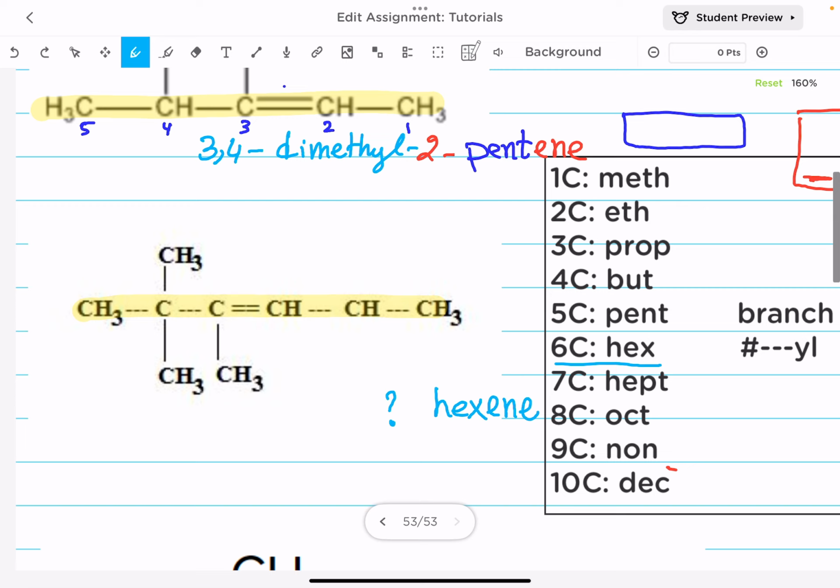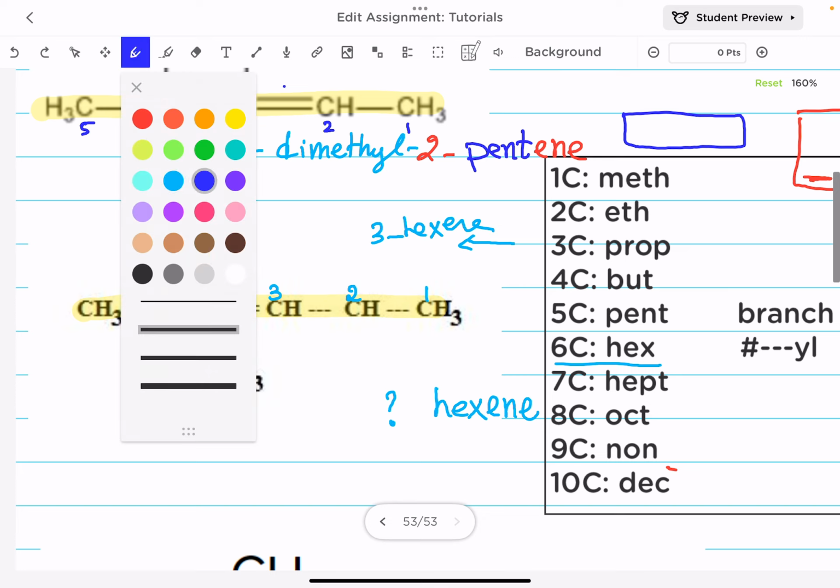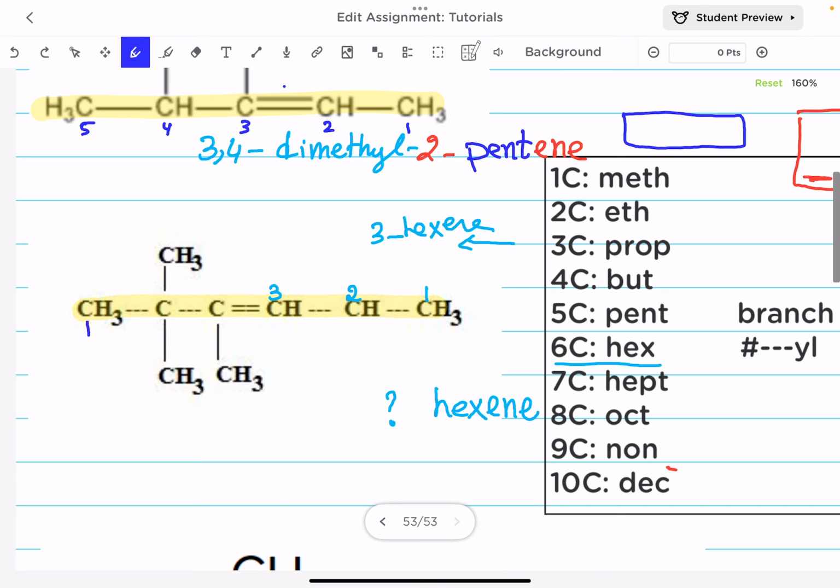Now, let's check. Is it correct to number it from the right side or from the left side? If I count from the right side, 1, 2, 3, the double bond comes on the third. But if I count from the left side, 1, 2, and 3, as well, the double bond is also on the third carbon.